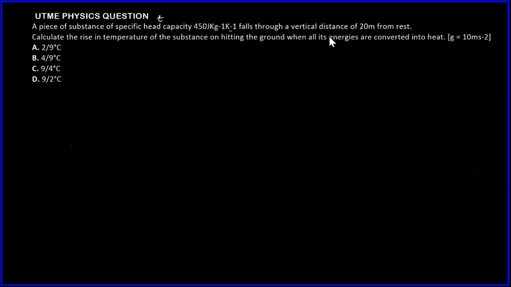So assuming this is the object, it falls through a vertical distance from rest. So it was at a height above the ground. So it now falls. So they now ask us to calculate the rise in temperature of the substance.